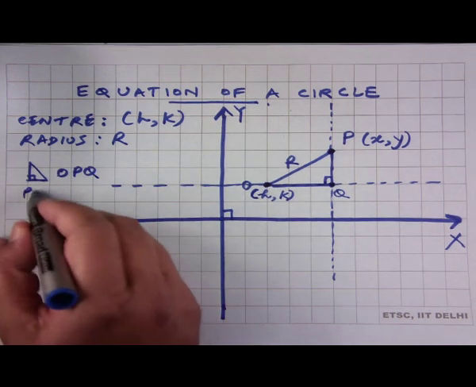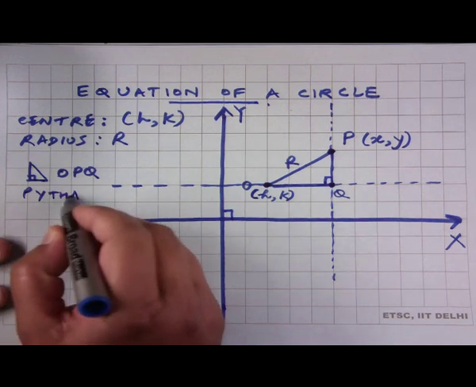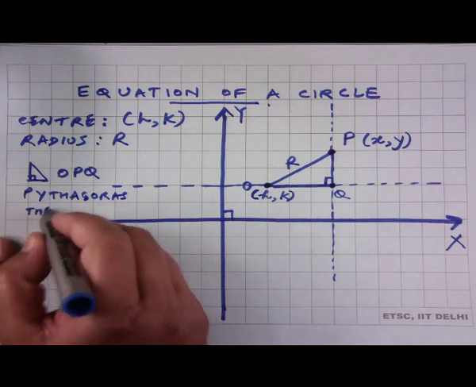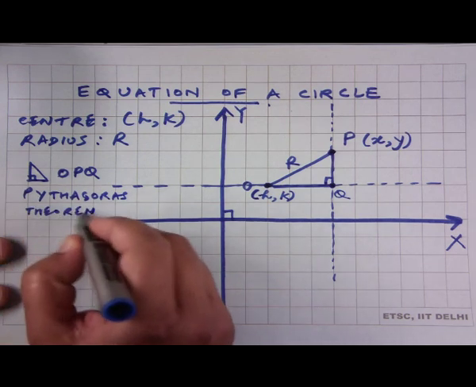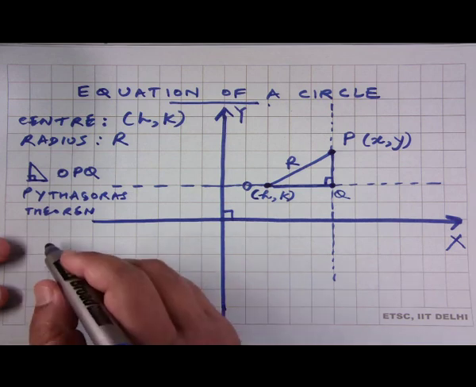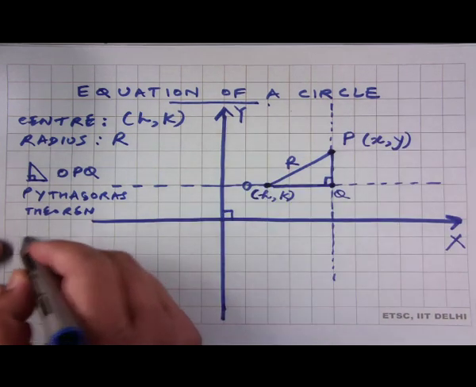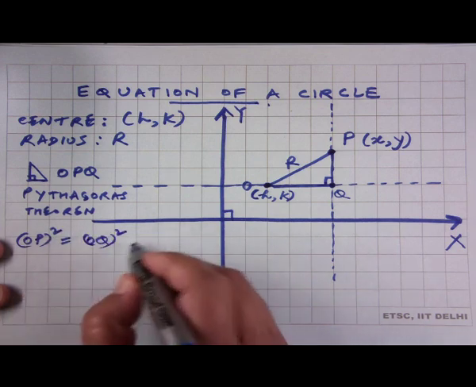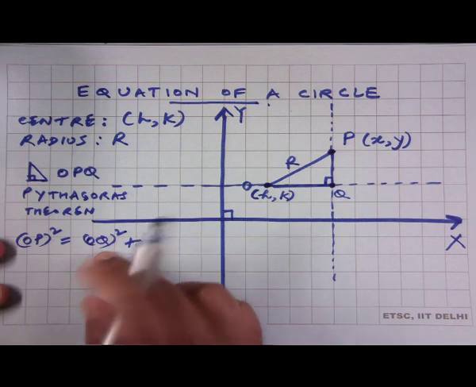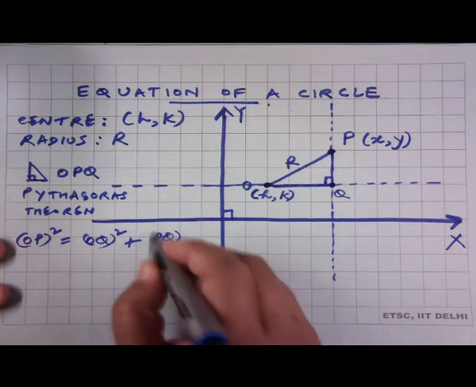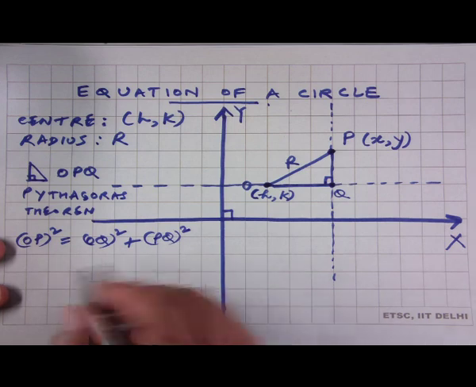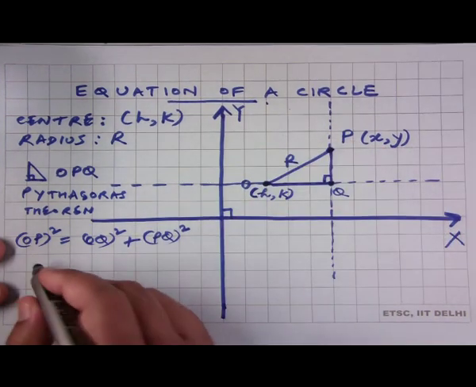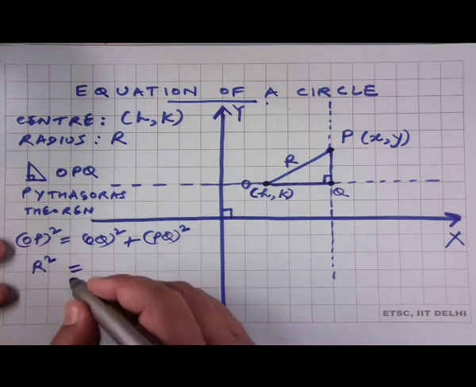Now from the Pythagoras theorem, it then follows that OP square is equal to OQ square plus PQ square. But OP square is r square.